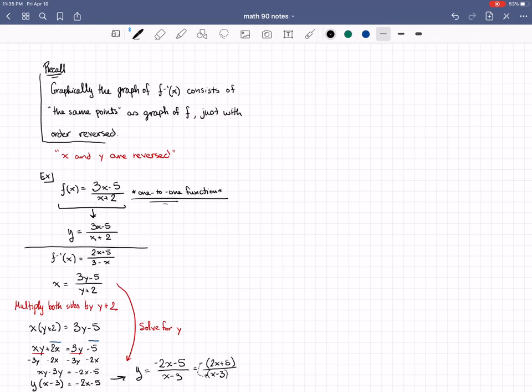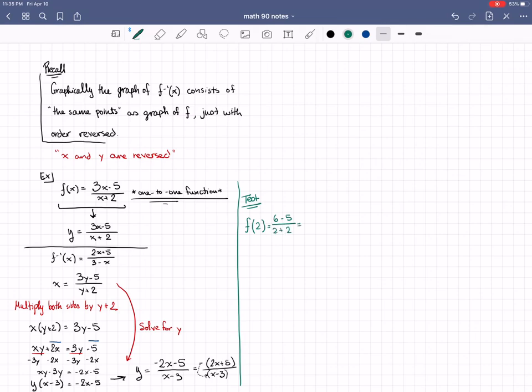Let's do a little test just to say we did. I really want to keep emphasizing this idea. So let's do f of 2. Why not? We have 3x minus 5, that's 6 minus 5, over 2 plus 2.